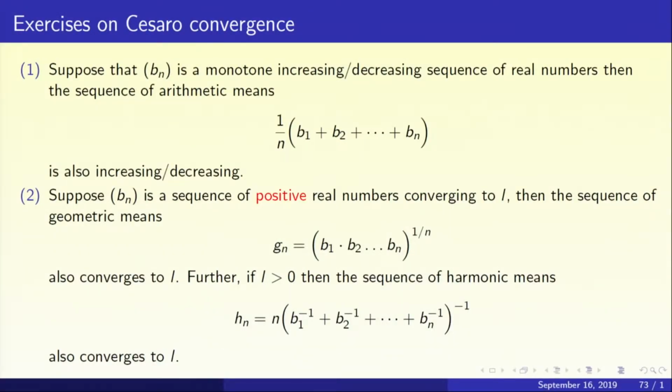This is called the harmonic mean. Of course, in order for the harmonic mean to make sense, the numbers must be non-zero. So, let us assume the numbers are all strictly positive.